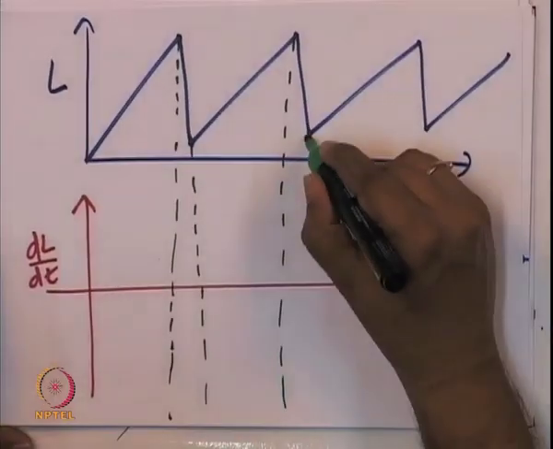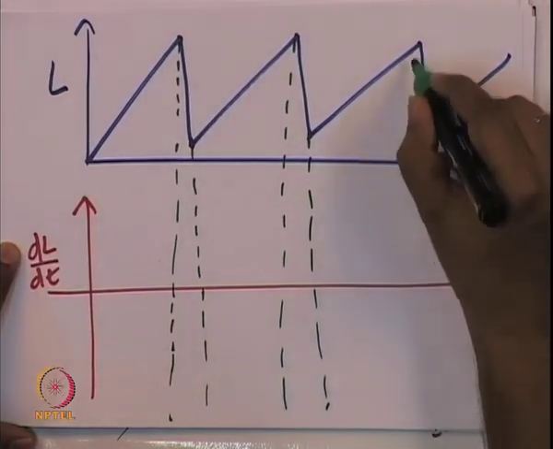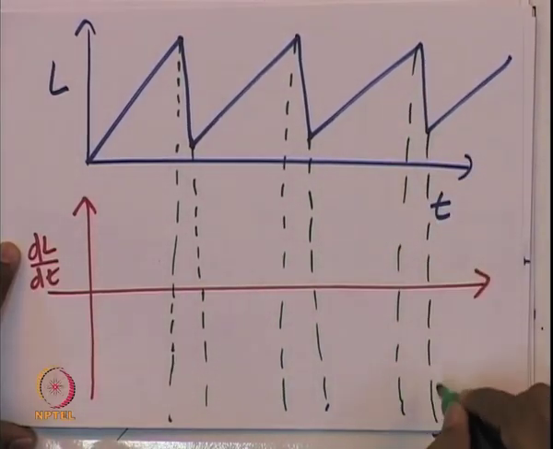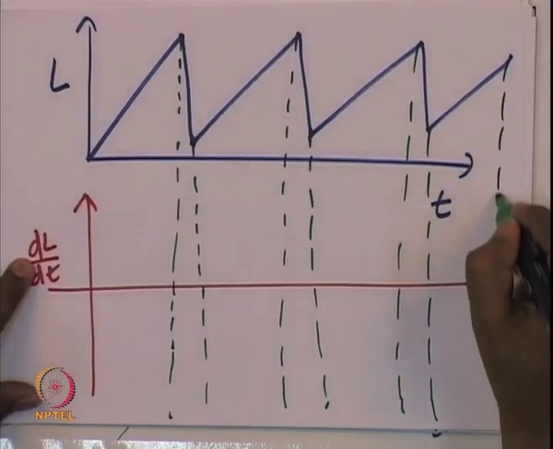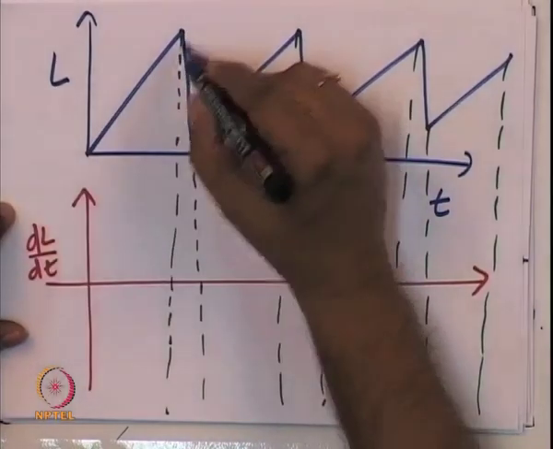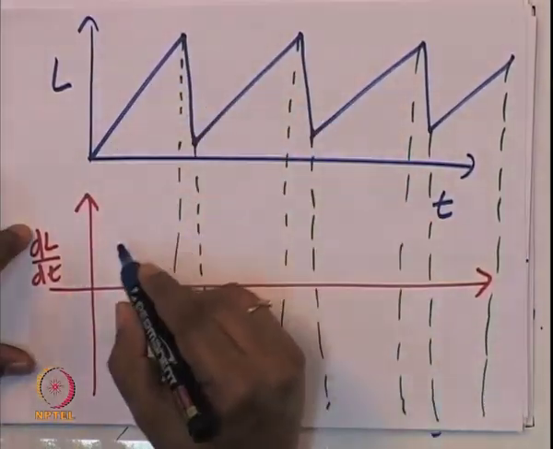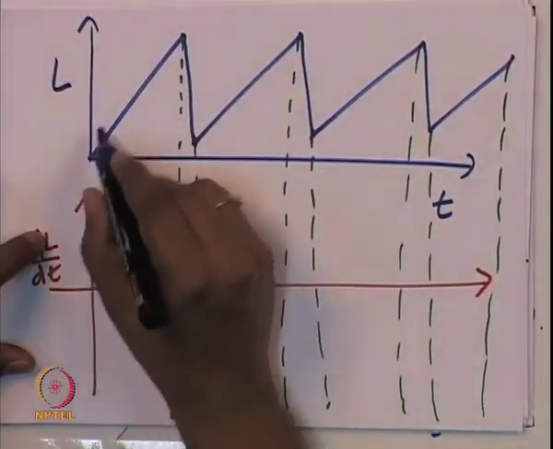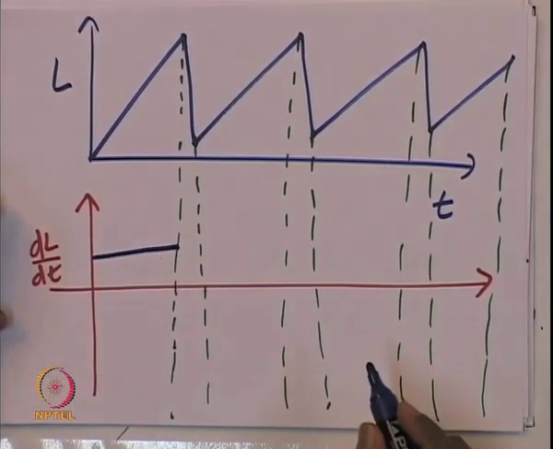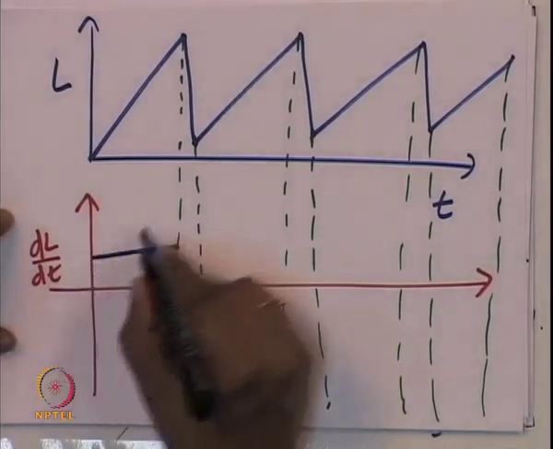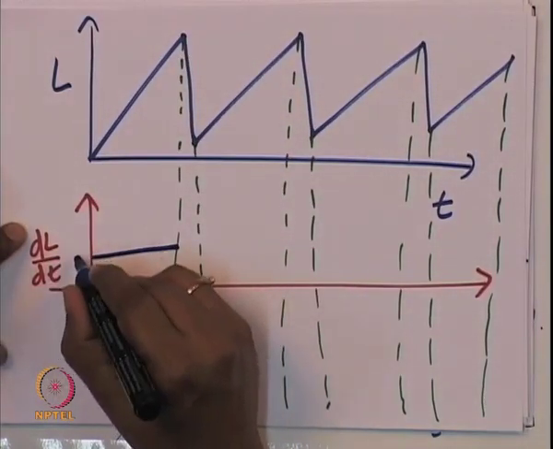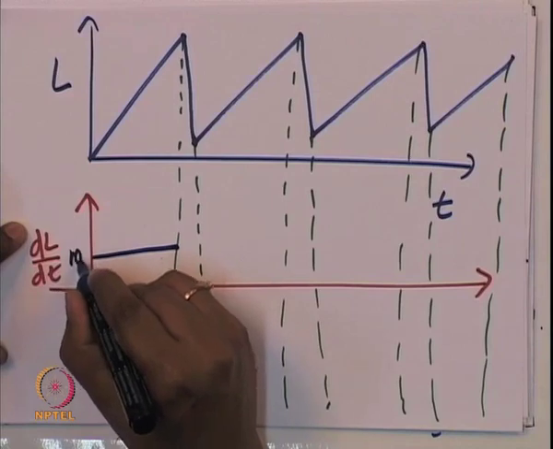I just draw a vertical line so that we can mark this. Now, as we said, this part is a straight line, y equals m x plus c. So this is a positive number, one constant, and this value can be, let us say, m g, some growth.